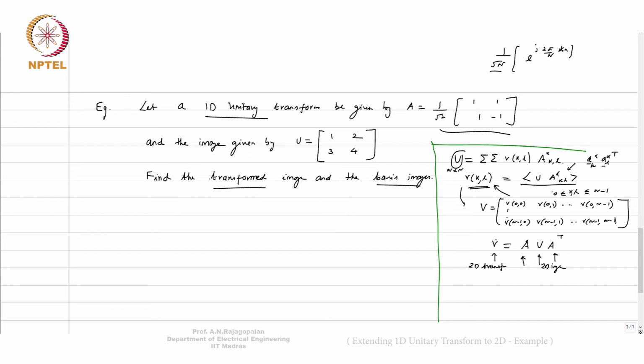But A is coming through these AKs, because A star KL is the matrix you get by taking AK star AL star transpose, and this AK star itself is the kth column of A Hermitian. So you can see that this should have entries of A, of course. When you write down VKL through the matrix expansion, you should be able to show this.